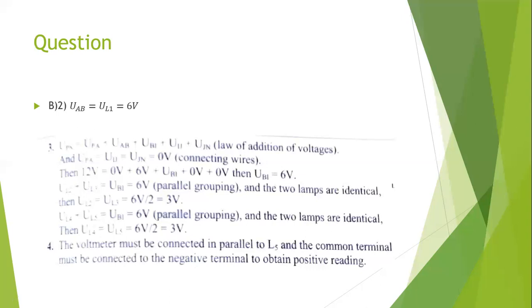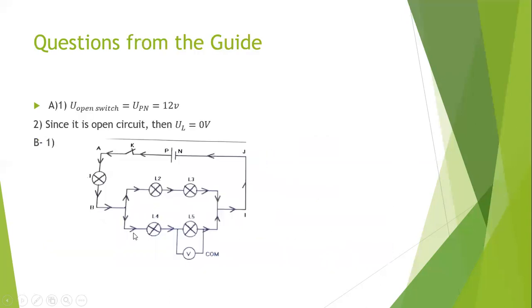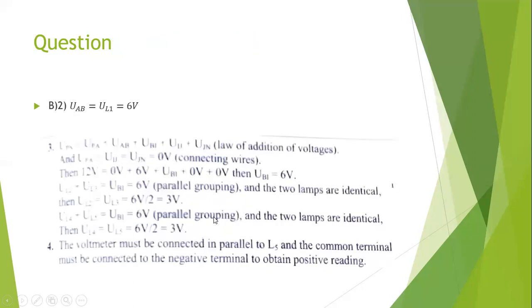Similarly, UL4 plus UL5 equals UBI equals 6 volt, and the two lamps are identical. Then UL4 equals UL5 equals 6 volt over 2 equals 3 volt. So L4 equals 3 volt and L5 equals 3 volt.